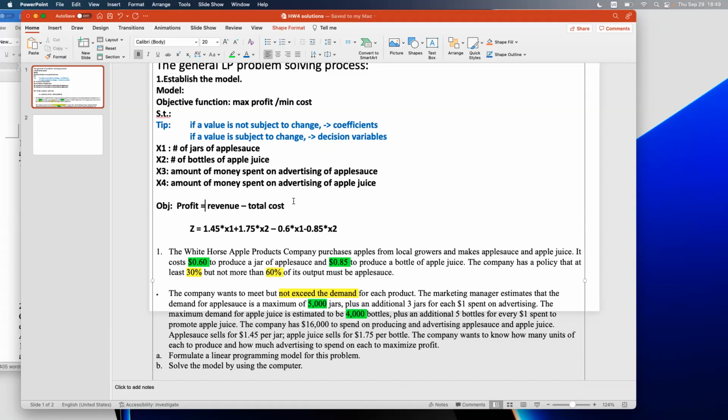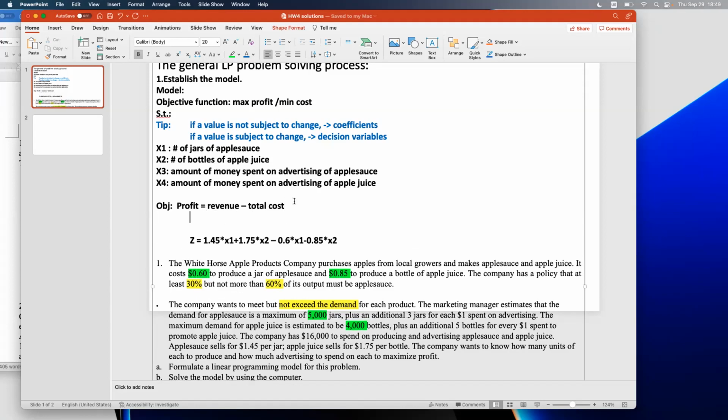Or like we can see, profit equals revenue minus total production cost minus total advertising cost.